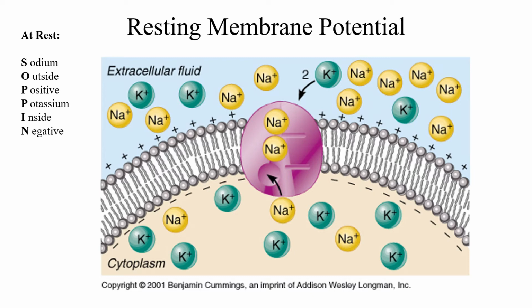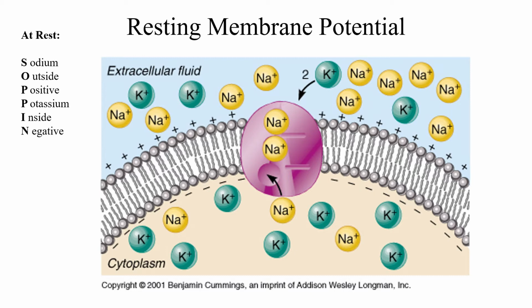So it's not that we have cations and anions that we're dealing with. We're actually dealing with cations, positively charged ions, in both locations, both outside the cell and inside the cell. So it's not that we're dealing with positives and negatives, it's that we're dealing with the outer surface of the cell, which is more positive because there are more ions compared to the inside of the cell, which has, of course, still positively charged cations.